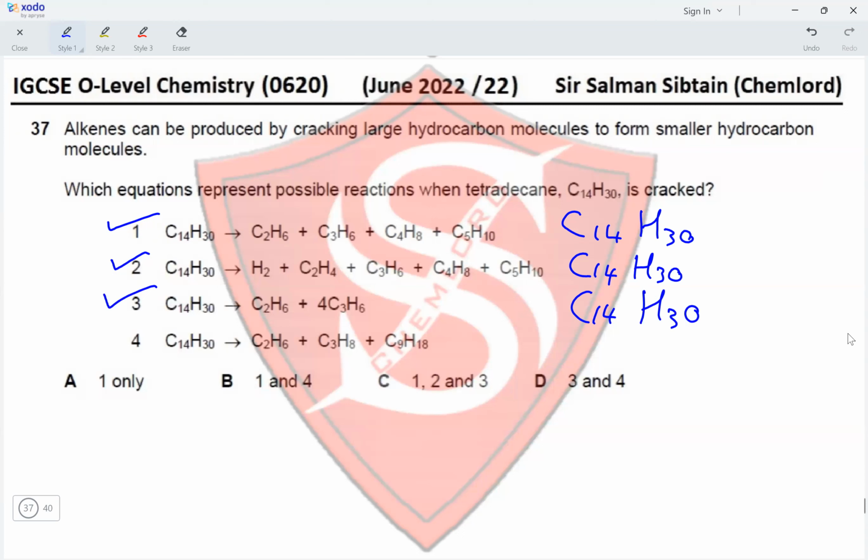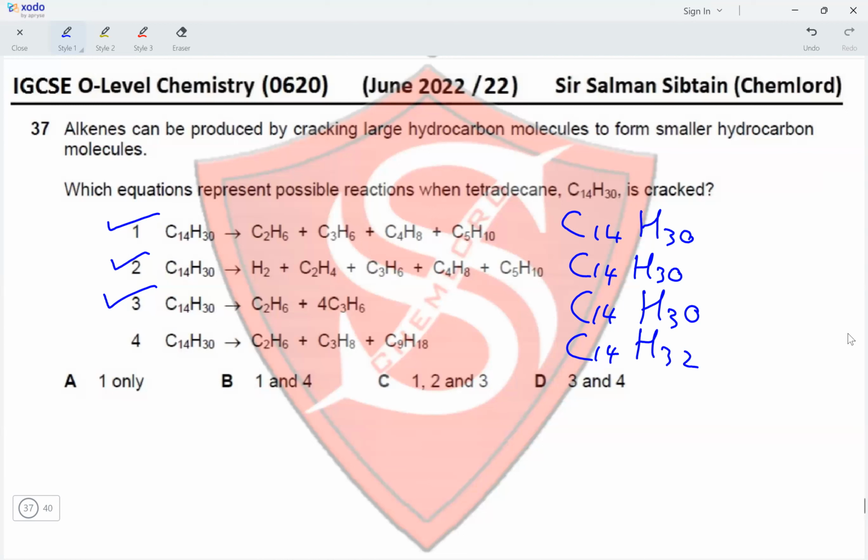And the last one, we've got 2 carbon plus 3, 5 carbon, 5 plus 9 is 14, C14. And as far as hydrogen is concerned, 6 plus 8 is 14, 14 plus 10 is 24, 24 plus 8 is 32.